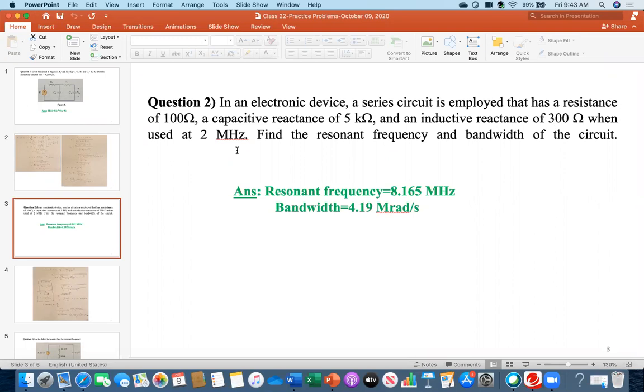You have to find the C value and the L value using this information. Then you are done, and you can find the resonant frequency. I have expressed the result in hertz, so you don't need to find omega naught. I mean, you find omega naught, but once you get it, omega naught is 2 pi f naught, so you can divide that result by 2 pi. That will be your megahertz.